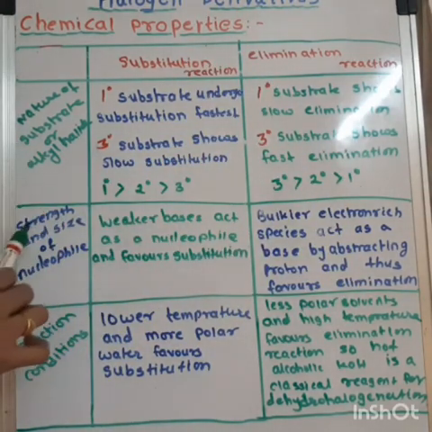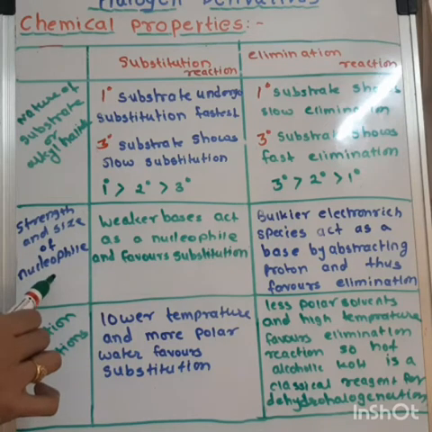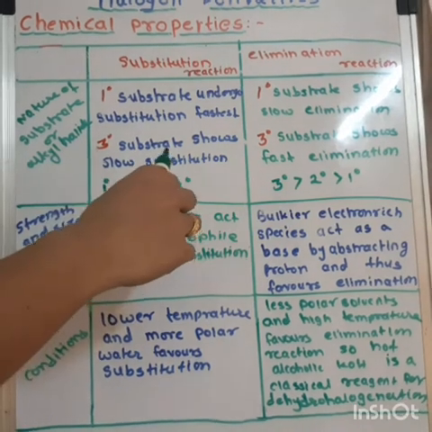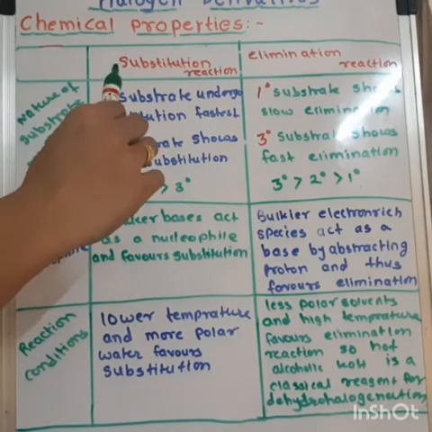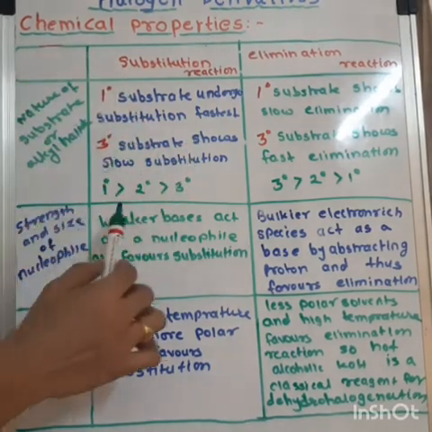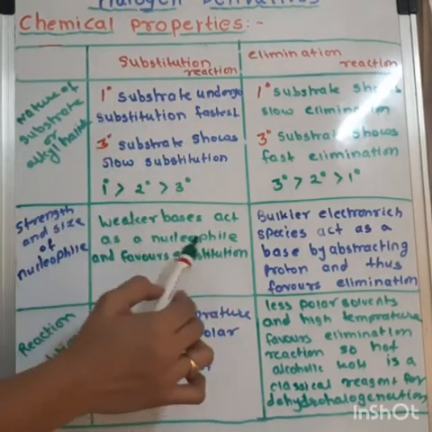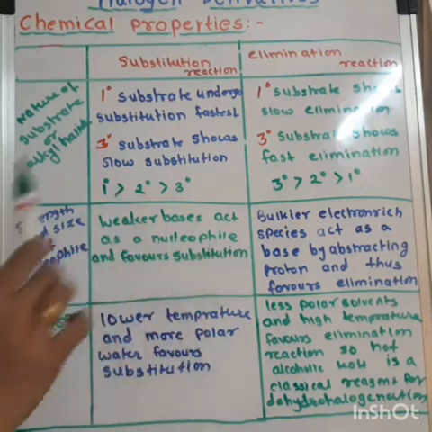Next is the strength and size of the nucleophile. As both reactions are brought about by basic reagents, weaker bases act as a nucleophile and favor substitution.